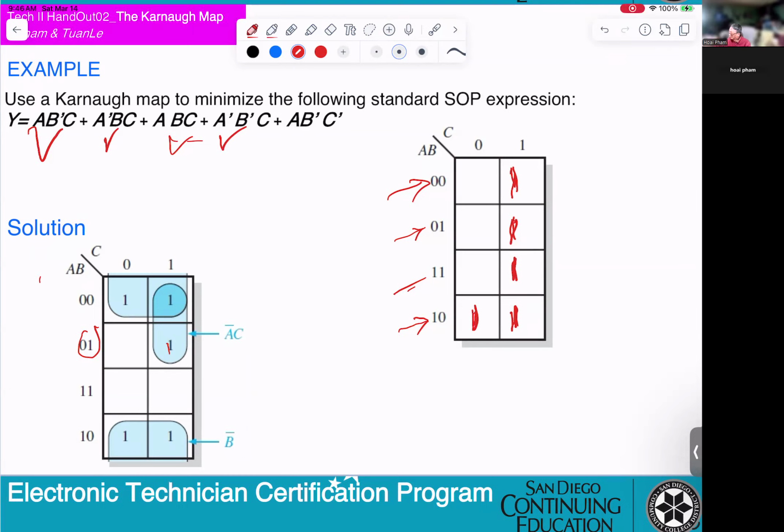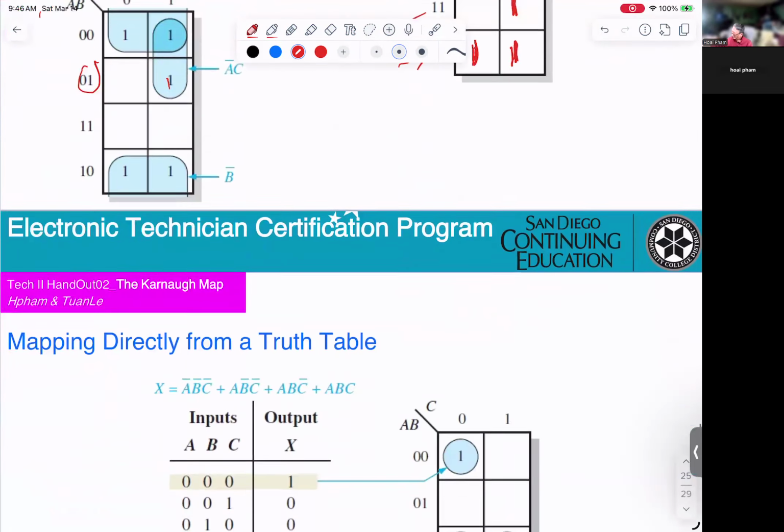Here. A, not B, not C. So they get it wrong here. No, which one? That's what's wrong.